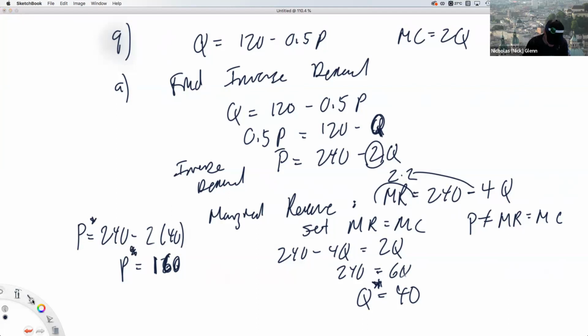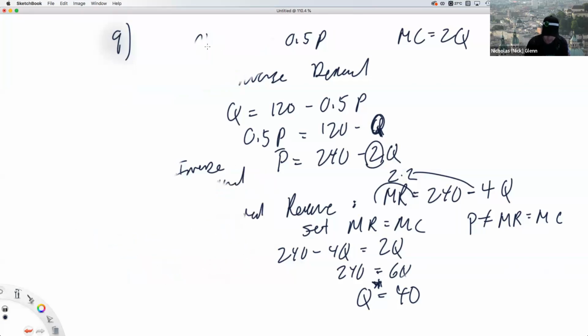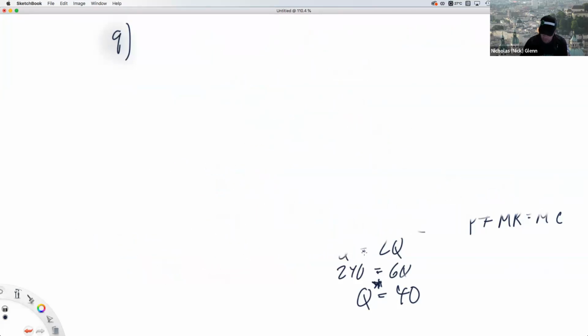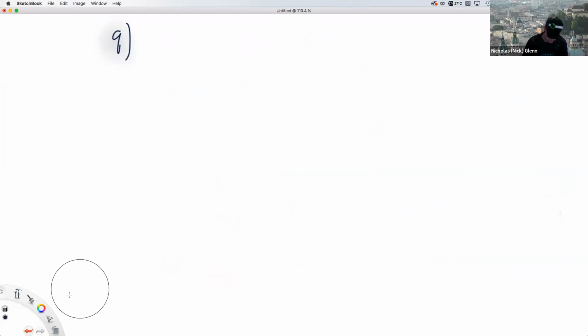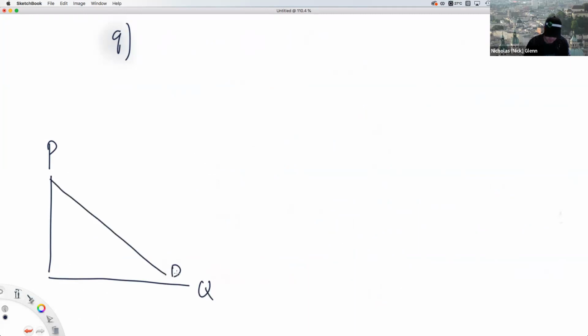Now let's draw out what's going on here graphically with a diagram so you can see what's going on. And then we'll come back to that for calculating our deadweight loss. So here's our price. Here's our quantity. Here's demand. And remember, marginal revenue drops twice as fast. Right, so the slope's twice as steep here.